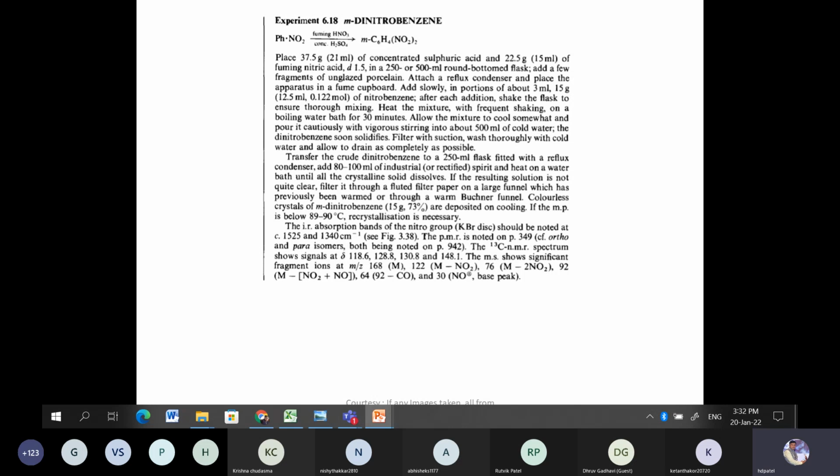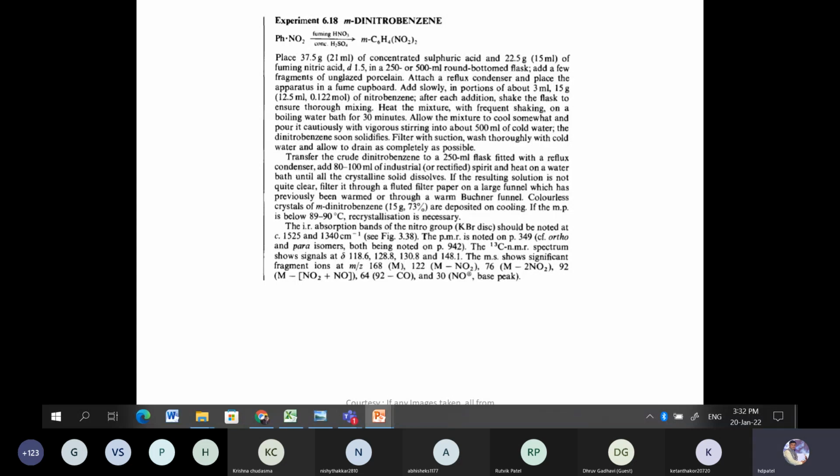After recrystallization, we have to dry our product, and then we can go for the melting point of the particular compound. As already mentioned here, the melting point of the compound is 89 to 90 degrees centigrade. So if your product is formed, then you will get the proper melting point.